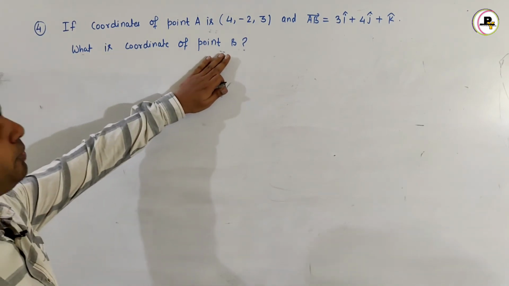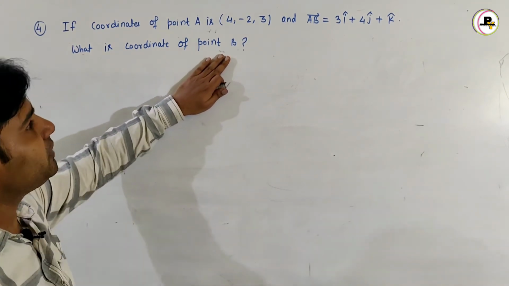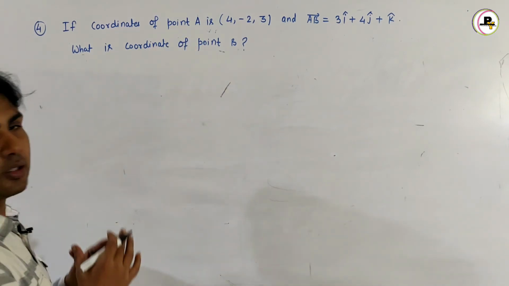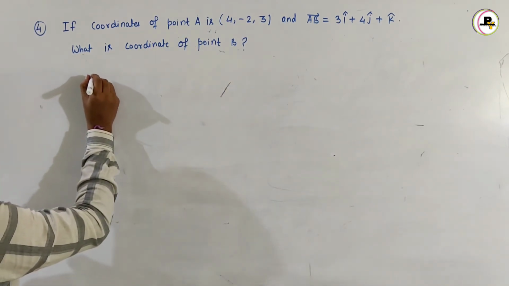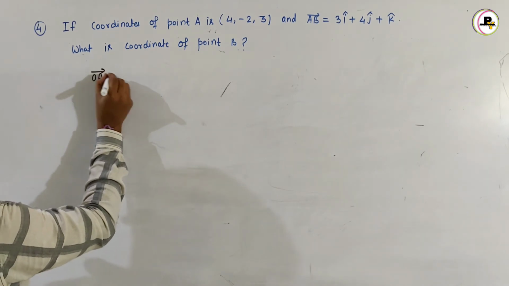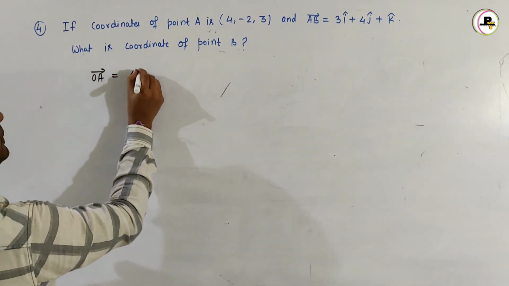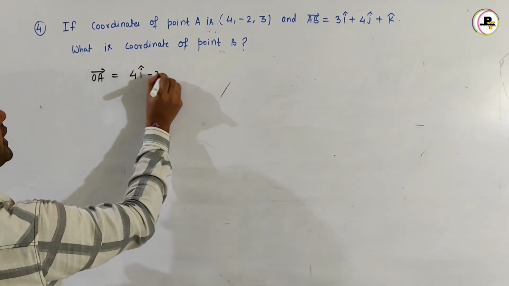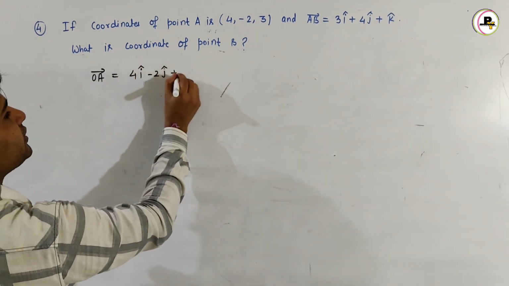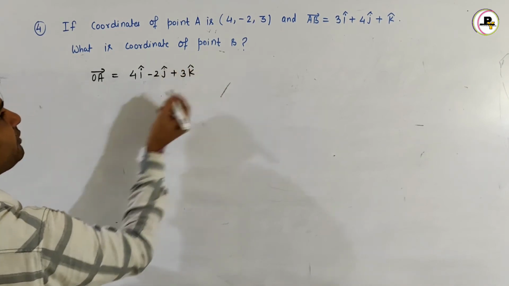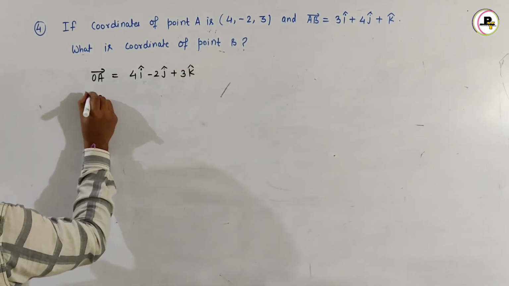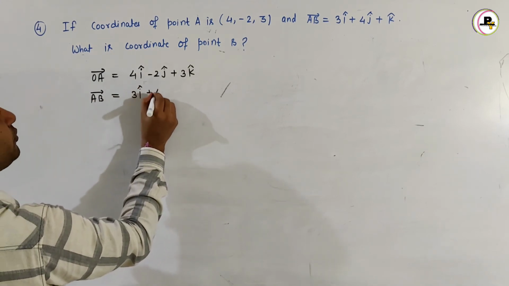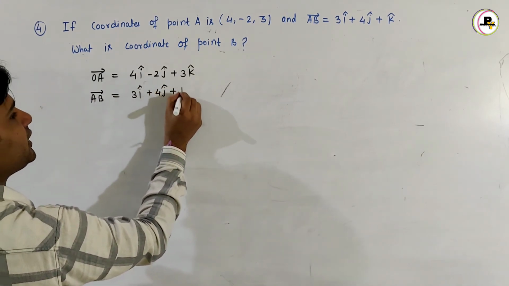So here we have to find the coordinate of point B, similar to point A. Here the coordinate of point A is given, so its position vector OA vector is equal to 4 i cap minus 2 j cap plus 3 k cap, and already we are given AB vector is equal to 3 i cap plus 4 j cap plus k cap.